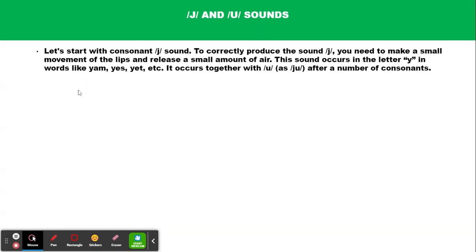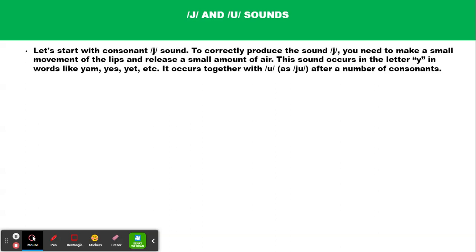Now, let's look at the J and U sounds specifically or in greater detail. Let's start with the consonant J sound. To correctly produce the sound J, you need to make a small movement of the lips and release a small amount of air.